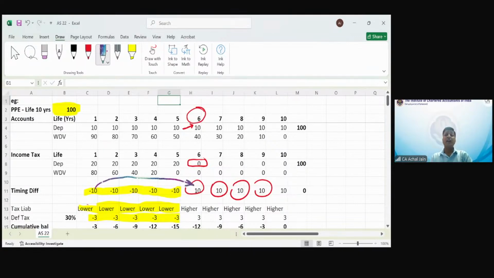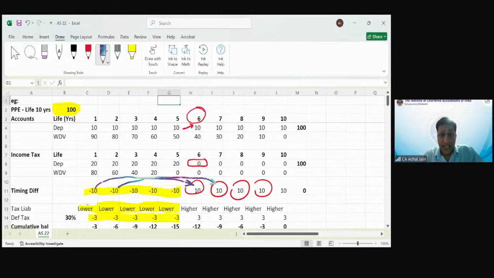In the first year, the lower tax which I paid is now required to be paid in the 6th year. Similarly, lower tax which I paid in second year is required to be paid in the 7th year. Yes or no?